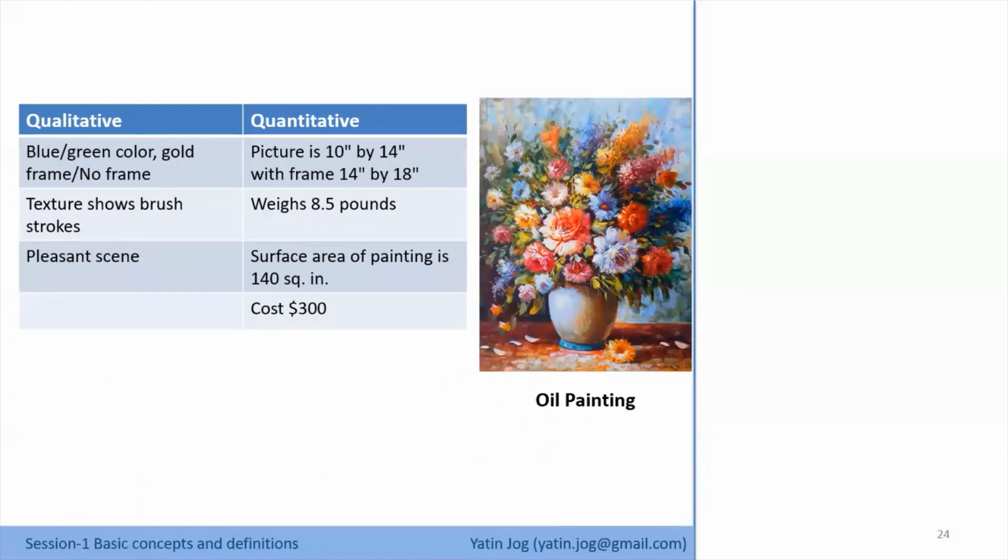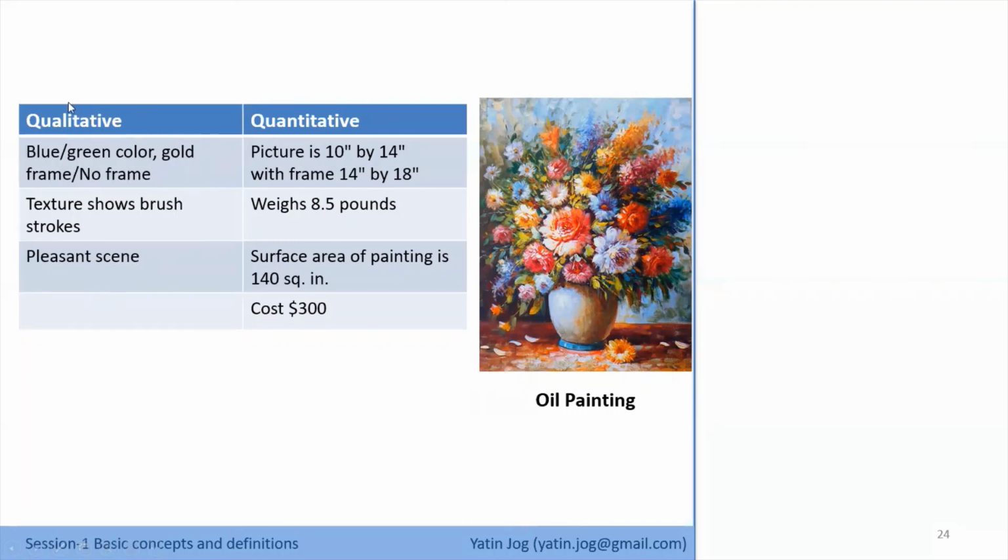Every object will have some qualitative characteristics and some quantitative characteristics. It is not like the object can only have qualitative or some objects can only have quantitative. Like for example, consider this oil painting. If I am trying to understand what kind of color, blue color shade, green color shade is there, or gold frame is there or not, what is the texture of the brush strokes, what kind of scene it is, is it a pleasant scene?